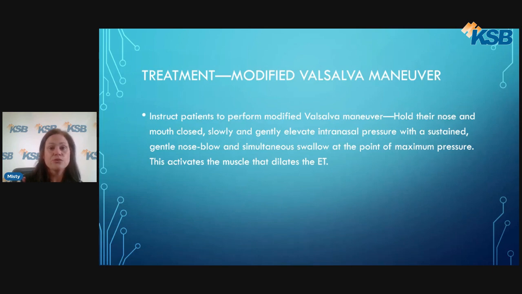So by pinching your nose and gently blowing air through it, and simultaneously swallowing at the point of maximum pressure, this actually activates the muscle that dilates the Eustachian tube. So the Eustachian tubes open up and equalize the pressure inside the middle ear space. And sometimes this has to be done multiple times throughout the day.